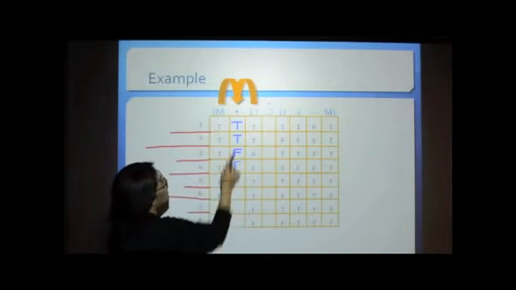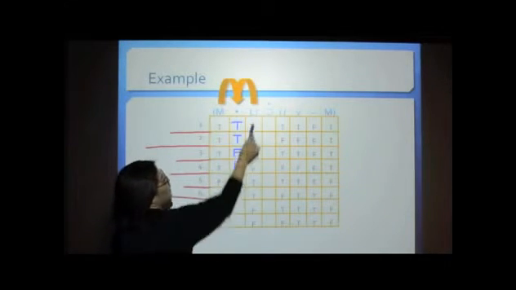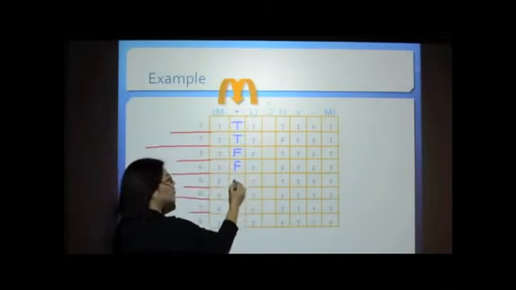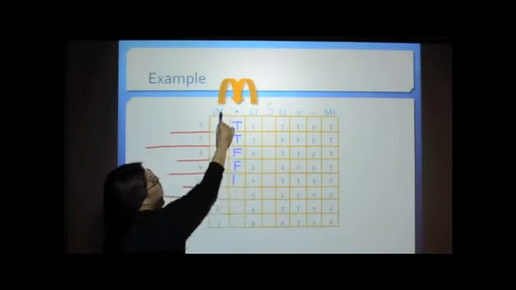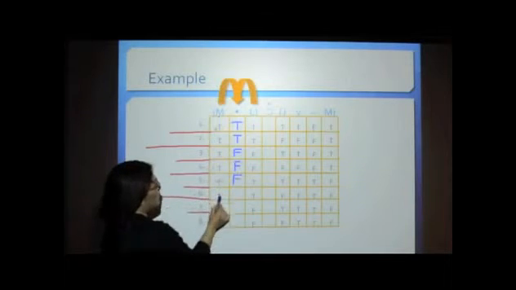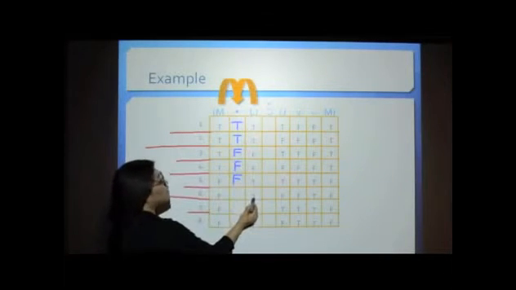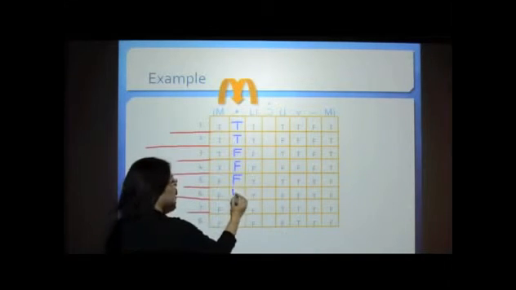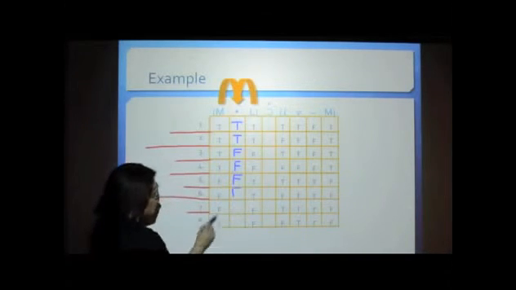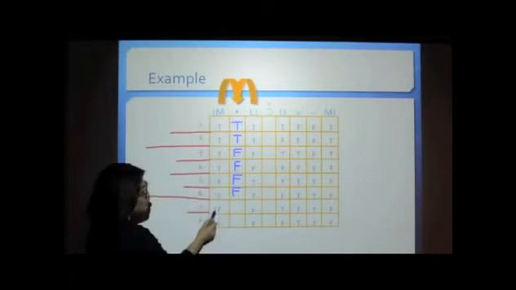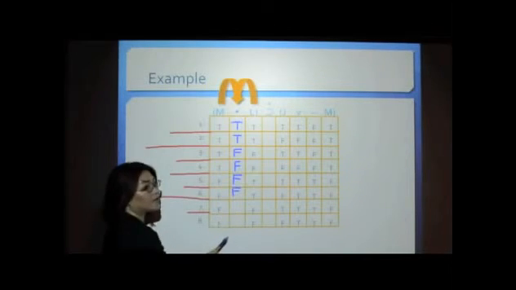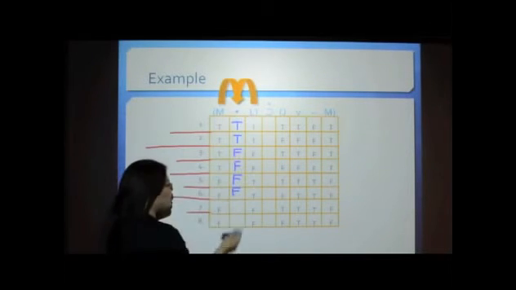And then here you have M being false and L being true, so the conjunction will be false. And you have here again M being false and L being true, so it will be false again. And notice how in these two lines here, you have M being false and L being false as well. So in both of these, you'll have the conjunction of M dot L being false.